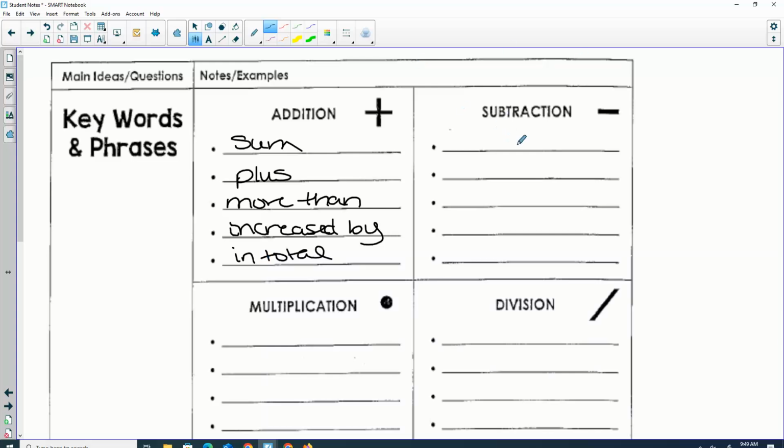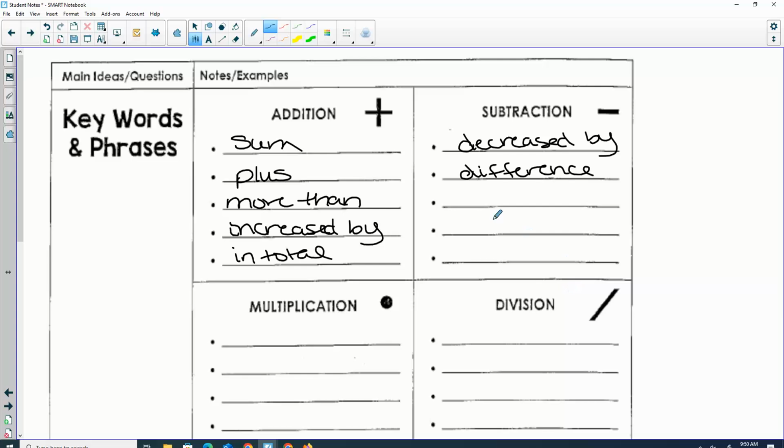What are some things that could mean we need to subtract? Decrease by. Okay. What else? Difference. Good. What else?